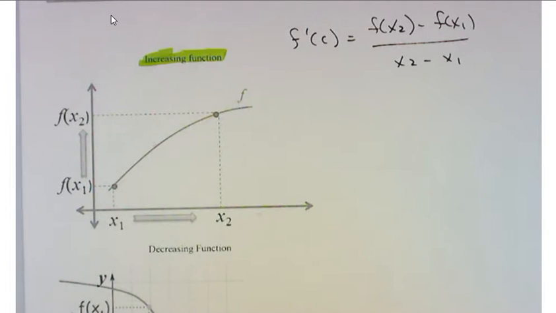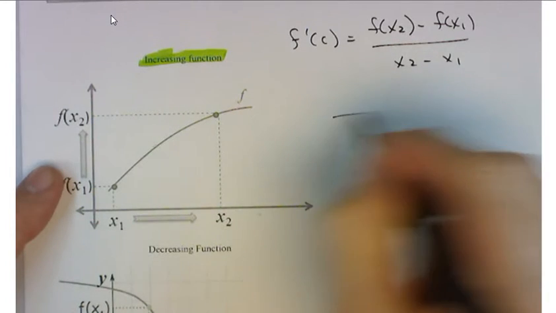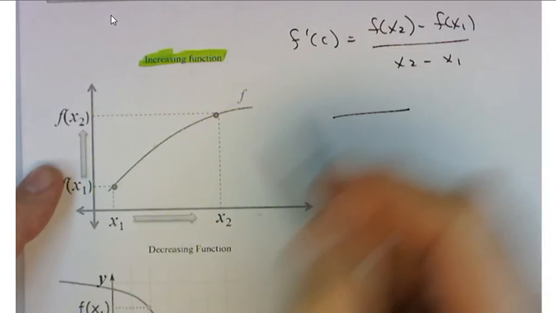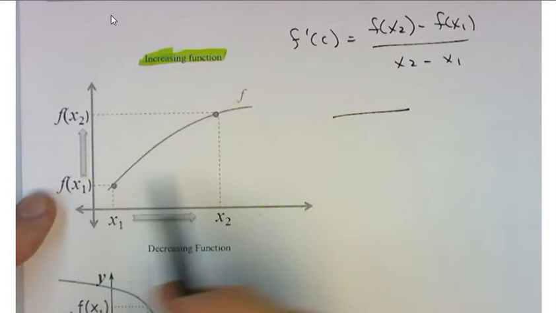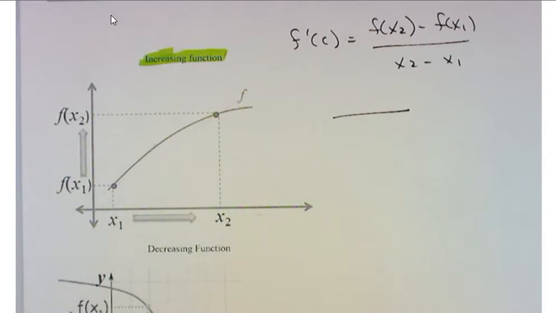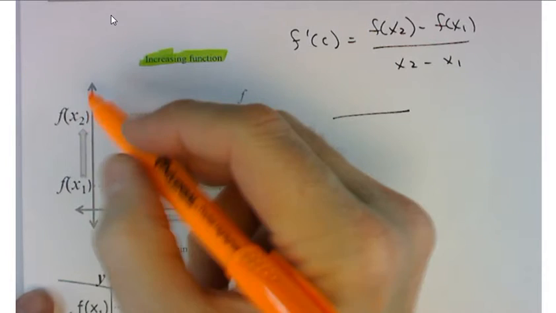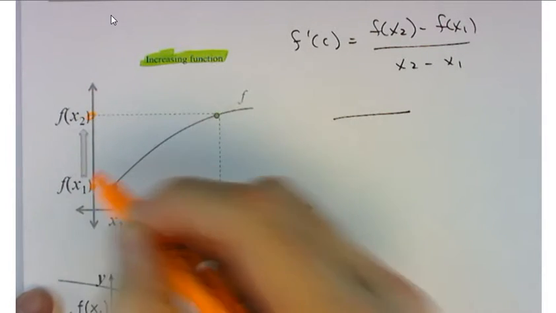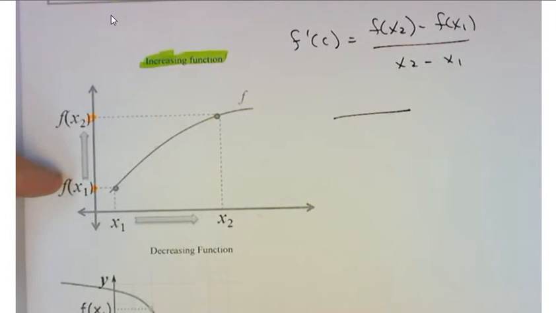Now where it exactly is doesn't really matter. What I want to do is examine this quotient. In the numerator of that quotient, we've got f of x2 minus f of x1. Now for an increasing function like this, that numerator is really going to be the difference in these y values.